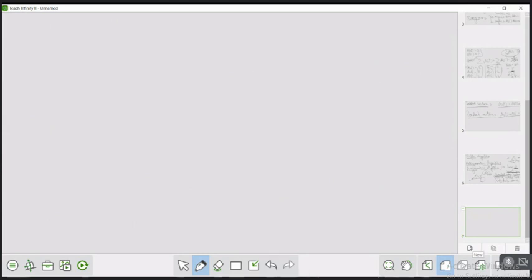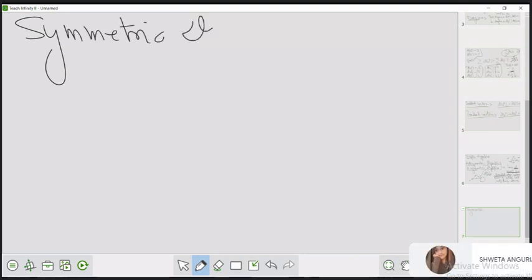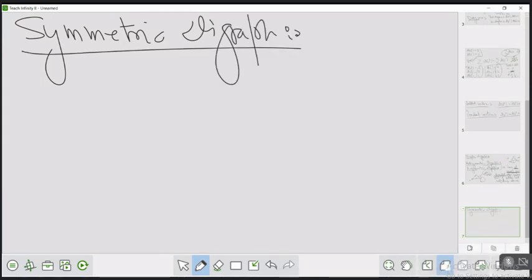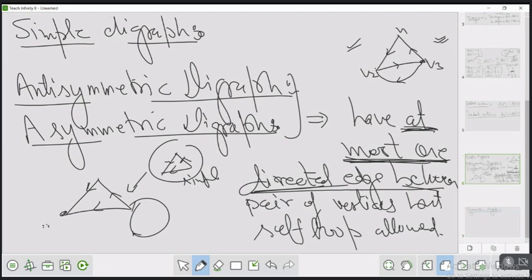Now, symmetric diagram. Are you getting my point? If you have any doubt, then discuss. So you have seen that a graph may be simple.